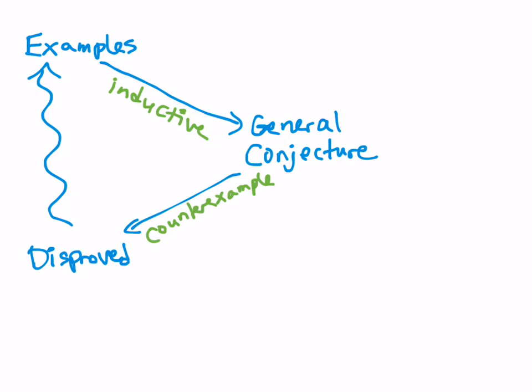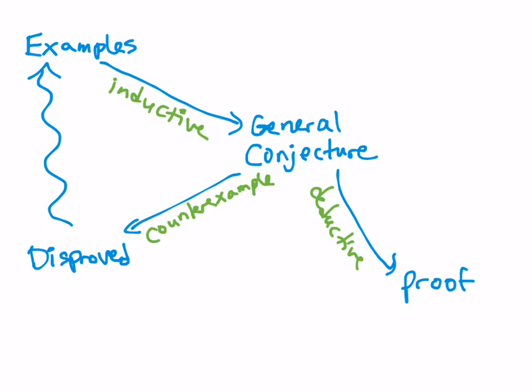On the other hand, if we suspect that the conjecture is likely, then what we would want to do is to try to prove it, and we would do that by bringing in other known information to do that proof. So here we would use deductive reasoning to work towards a proof of that statement, and then we would know that that's true in general.